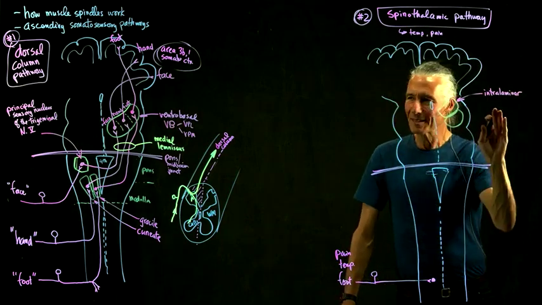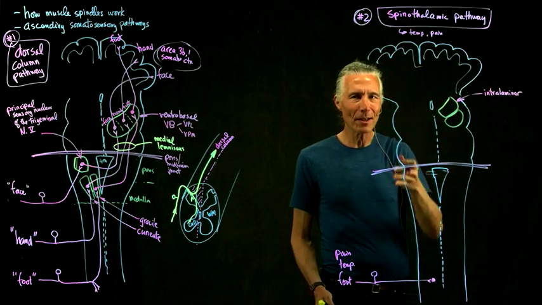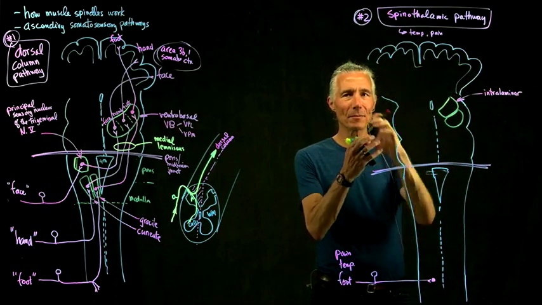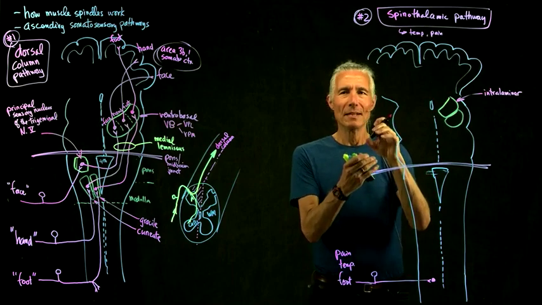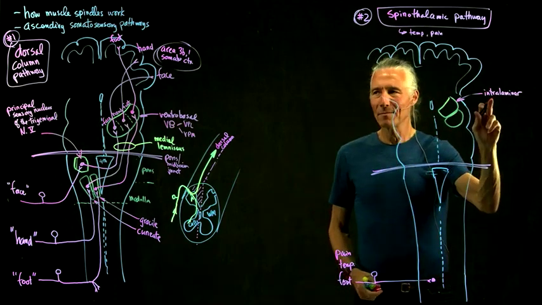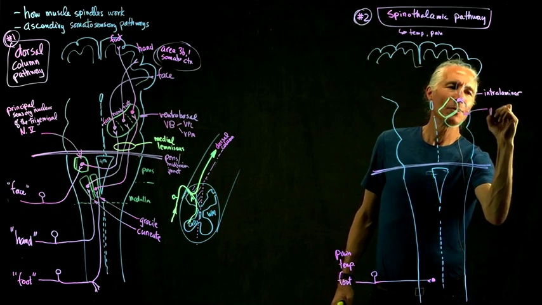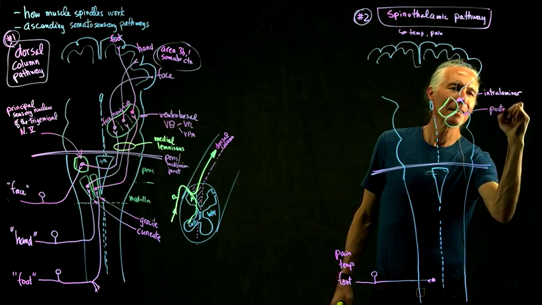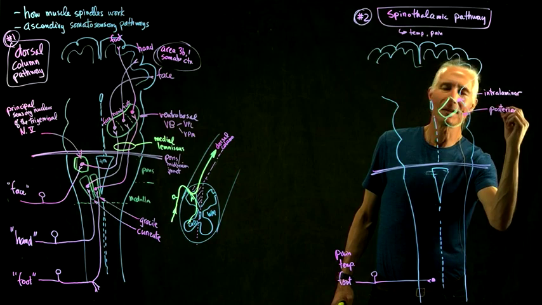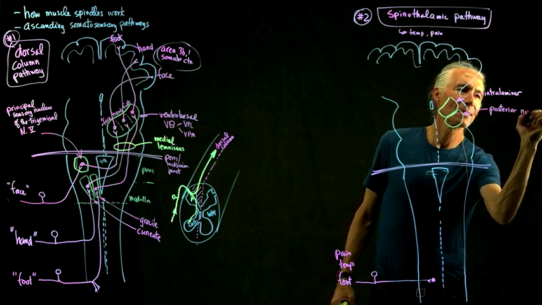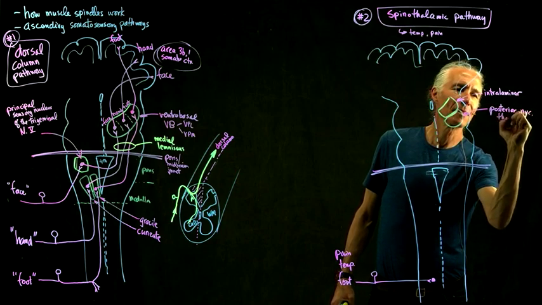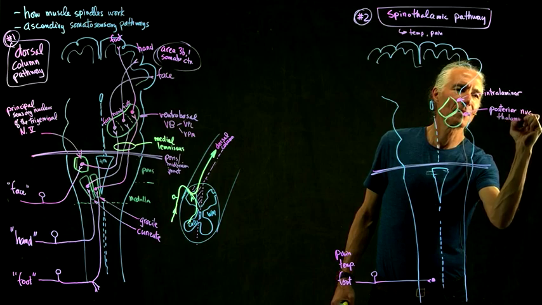But it's a nucleus, so there's like a layer in the thalamus, in the middle of the thalamus, and then there's a bunch of cells kind of like stuck into that layer. That's the meaning of, within the layers. And then this guy's called the posterior nucleus, which is unbelievably unspecific. So it's this posterior nucleus of the thalamus. You have to put thalamus in there because there's a lot of posterior nuclei.